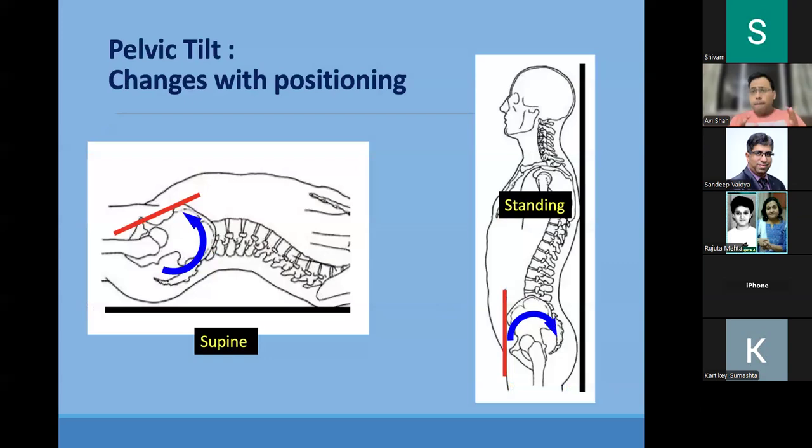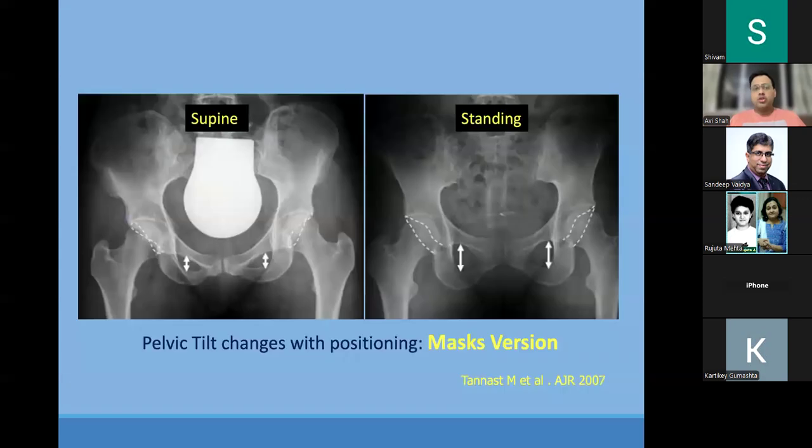Pelvic tilt changes every angle that we are going to be discussing later. In standing or lying, if there is anterior or posterior tilt, it changes our interpretation, because X-rays are two-dimensional images. Even with a three-dimensional image, it is not easy for our brain to correlate these things with the tilts and the versions. So they are not so easy.